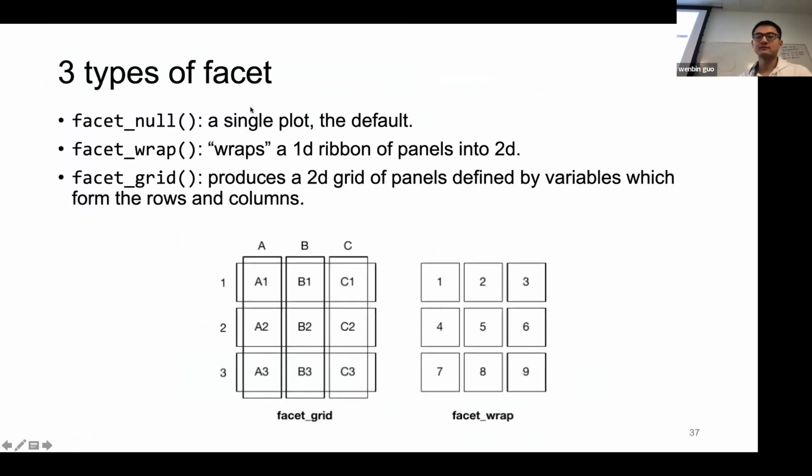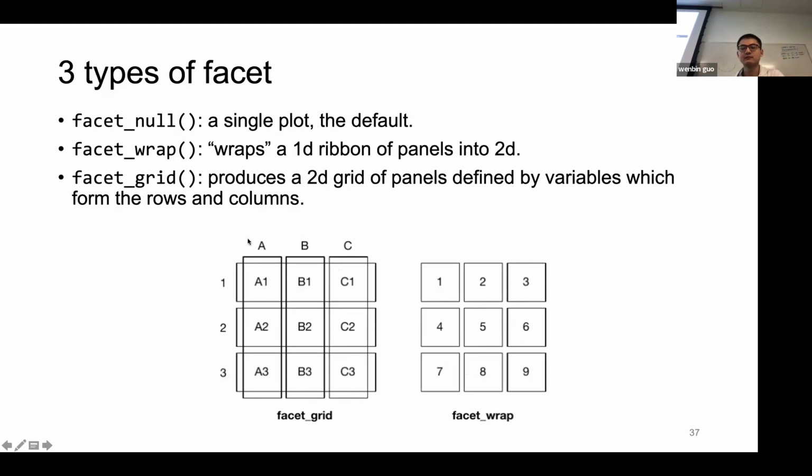There are 3 types of facet you can use. Facet null just creates a single plot, so this is the default. Facet wrap tries to wrap a 1D ribbon into two dimensions, like 6 different panels aggregated and presented in some way. And facet grid produces a 2D grid of panels.